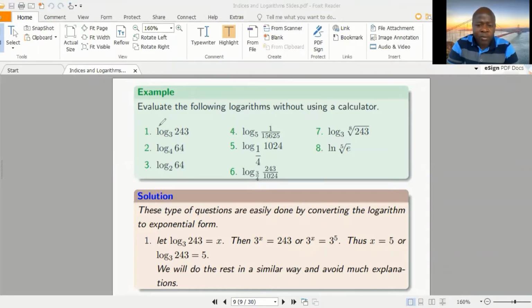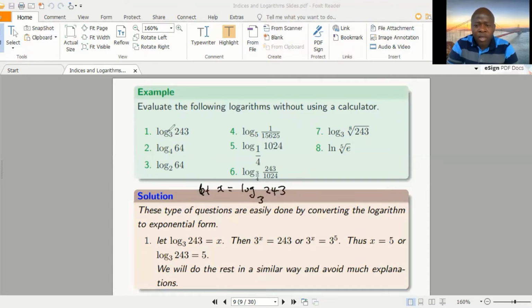So for example, I've already done this question here, you can follow. I want to find what this is. I will do it the way we were taught at lower level, that we let it be an unknown. So we let x be the log of 243 to base 3.